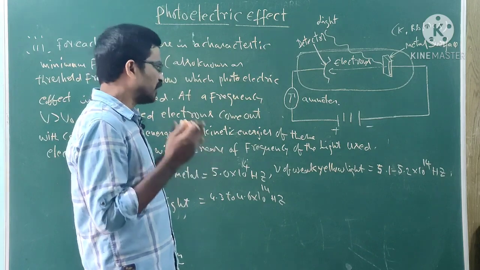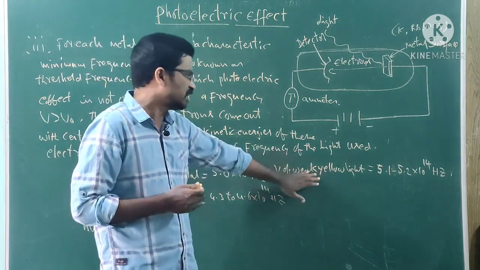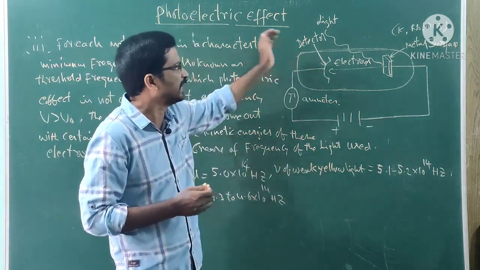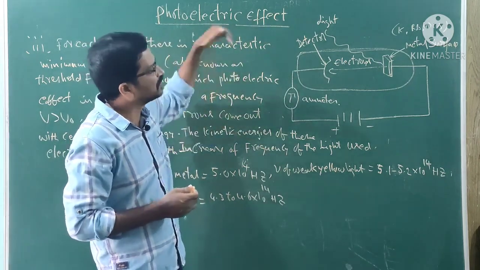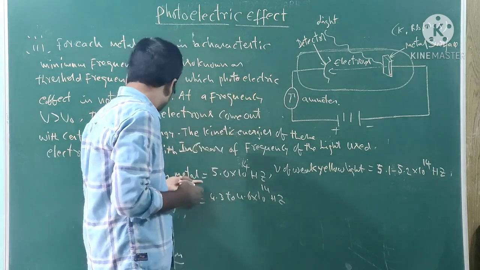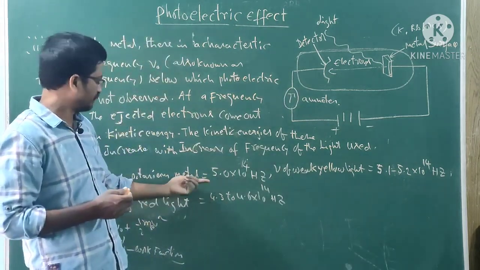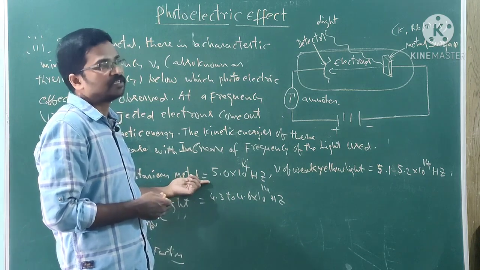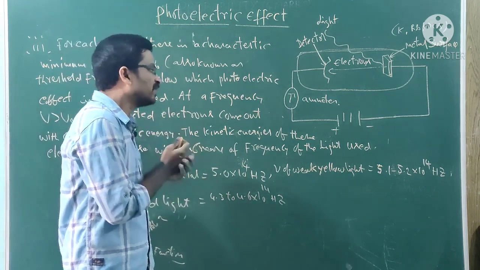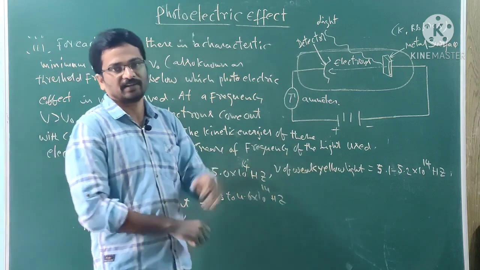The light energy of the projected light is very high, the light frequency is very high compared to the required metal frequency, the threshold frequency. Then the remaining energy is converted into kinetic energy of the electron.